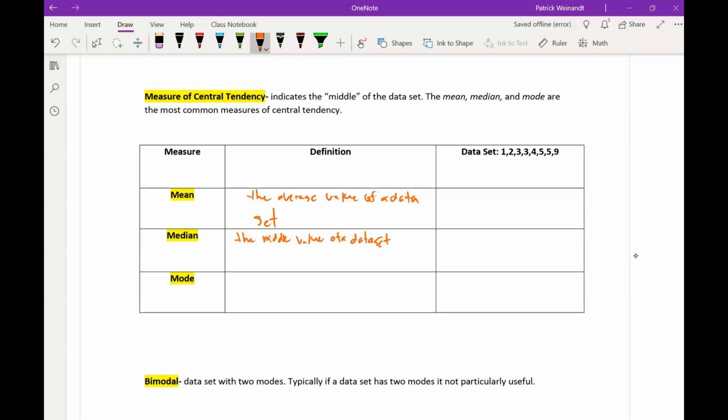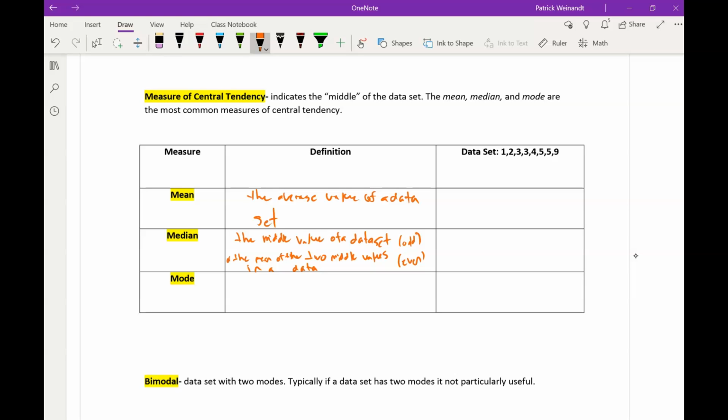If it's a data set that has an even number of values, it's the mean of the two middle values in the data set. Then you would just find the two middle values and then find the average of those two middle values, and that would be the median.